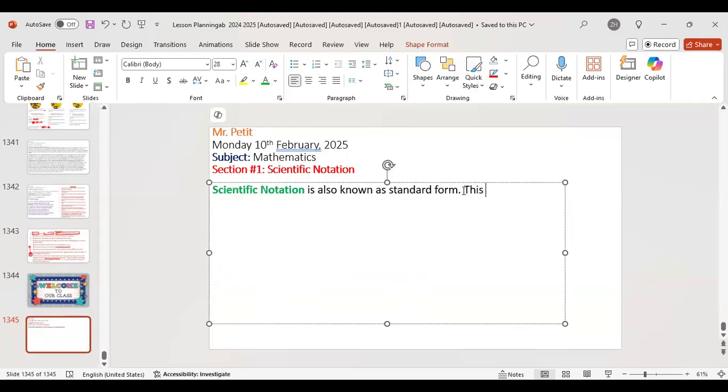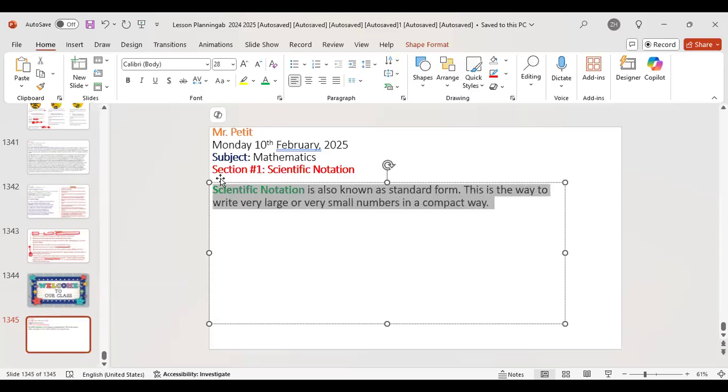This is the way to write very large or very small numbers in a compact way, a very succinct way.